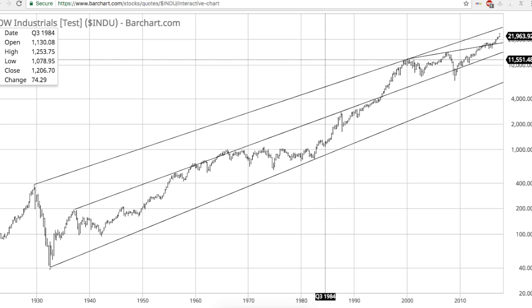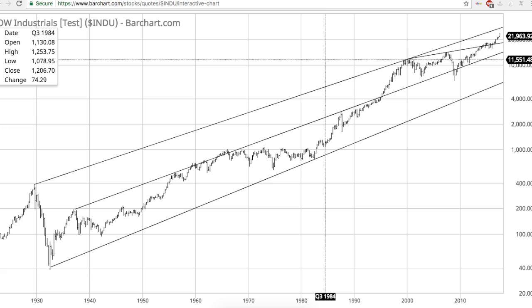And I've taken the high in the Dow, which was in 1929 in the third quarter. The high was 386.10. And you can see how that bull market in the 20s was quite severe, because even in a logarithmic chart, it looks quite extreme.